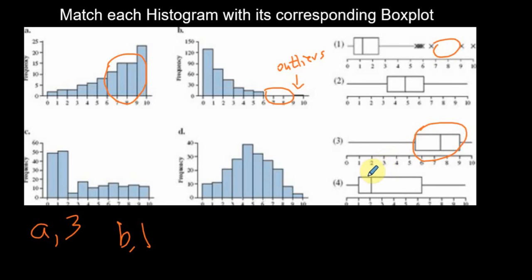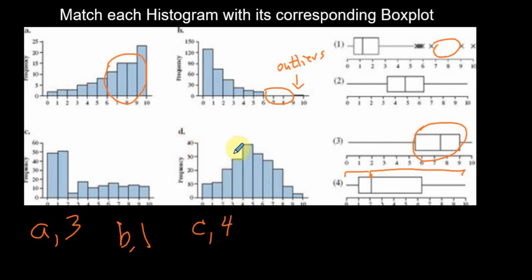And look, if you look at the median here, look how it's not stretched very far to the lower end. Okay, so it's not stretched on the left, but from the median to the top end, look how stretched out that is. So I can see that's really skewed to the right. And look how stretched out it is to the right. So I'm going to match C with 4.